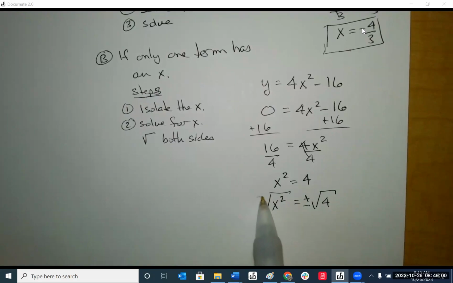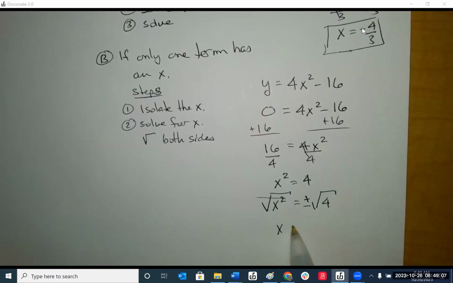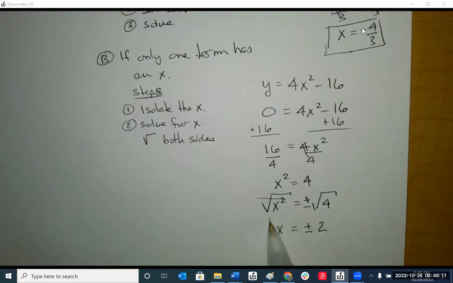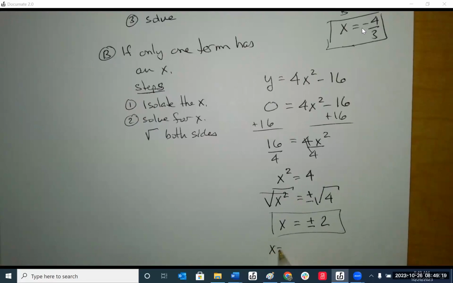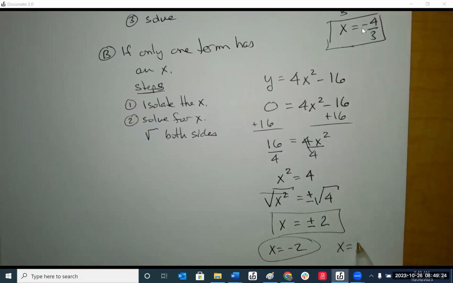The square root and the square cancel. The square root of 4 is 2. So x can be positive or negative 2. Those are your two answers. x equals negative 2 and x equals positive 2.